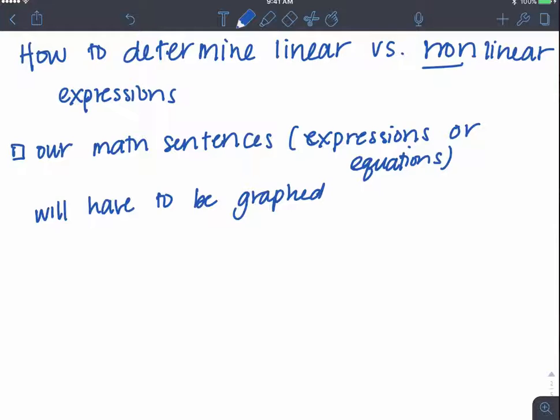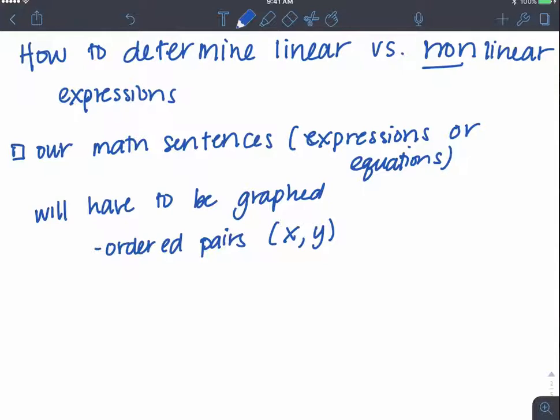Okay, and remember that to be able to graph something, we need ordered pairs that have an x portion and a y portion to them.